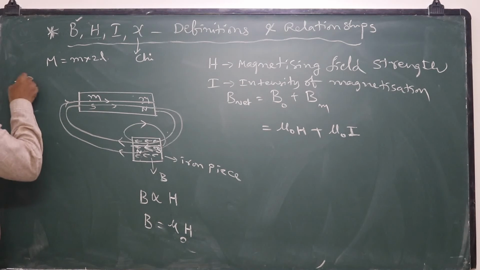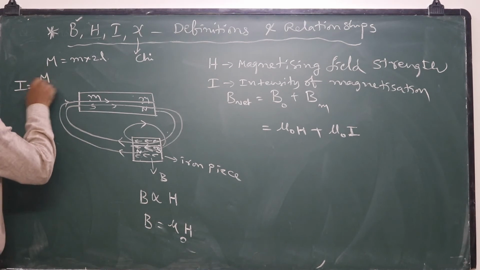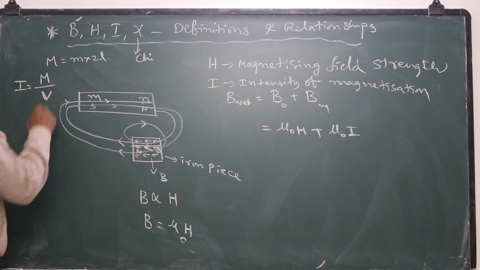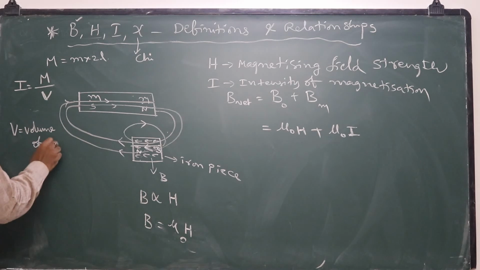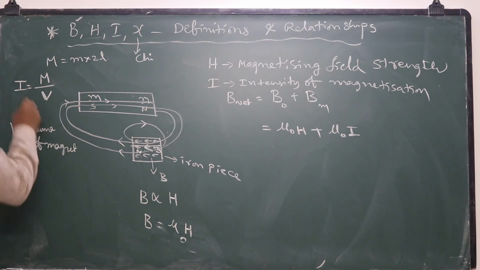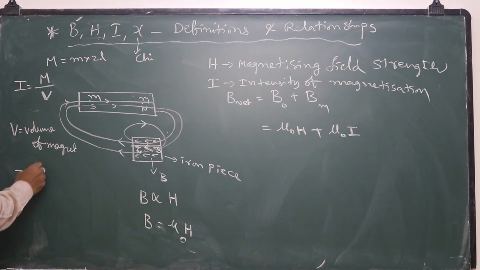Intensity of magnetization is defined as magnetic moment developed per unit volume of the magnet, where V is called volume of magnet. Hence, intensity of magnetization is given by magnetic moment, meaning pole strength into length of the magnet, divided by volume.